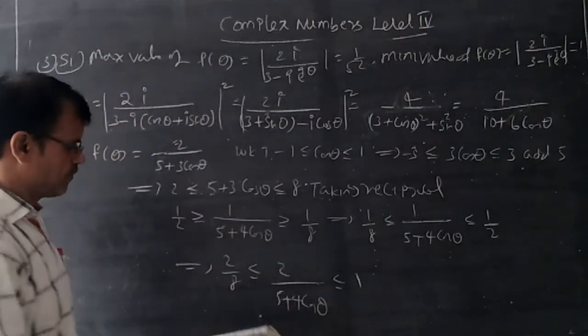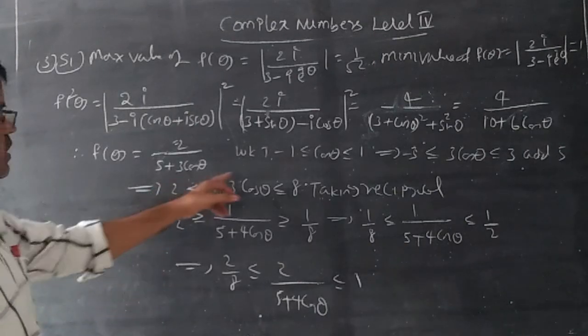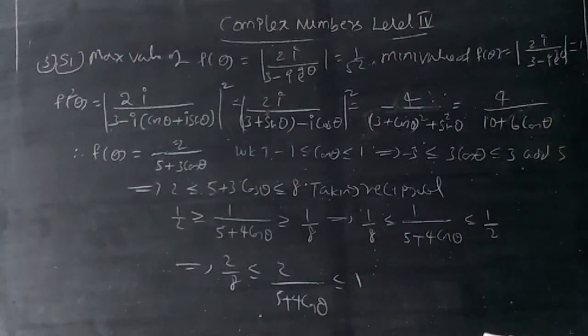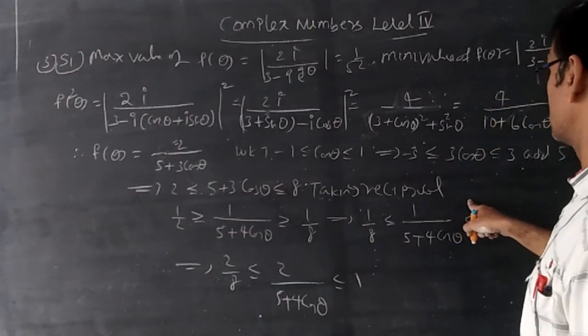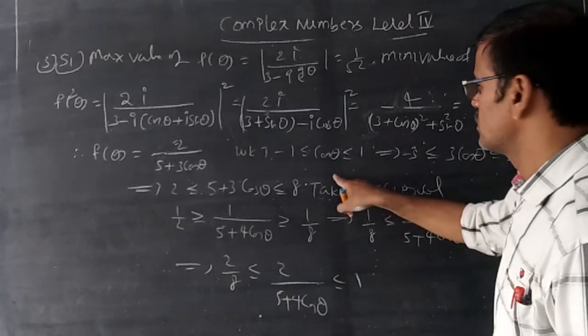So here, 1 by 2 is greater than or equal to, yeah, exactly: whenever taking the reciprocal, the symbol is changing. Minus 1 less than or equal to cos theta, minus 3 less than or equal to, everything okay. Add 5 plus 3 cos theta, correct. Minus 3 is exactly correct.